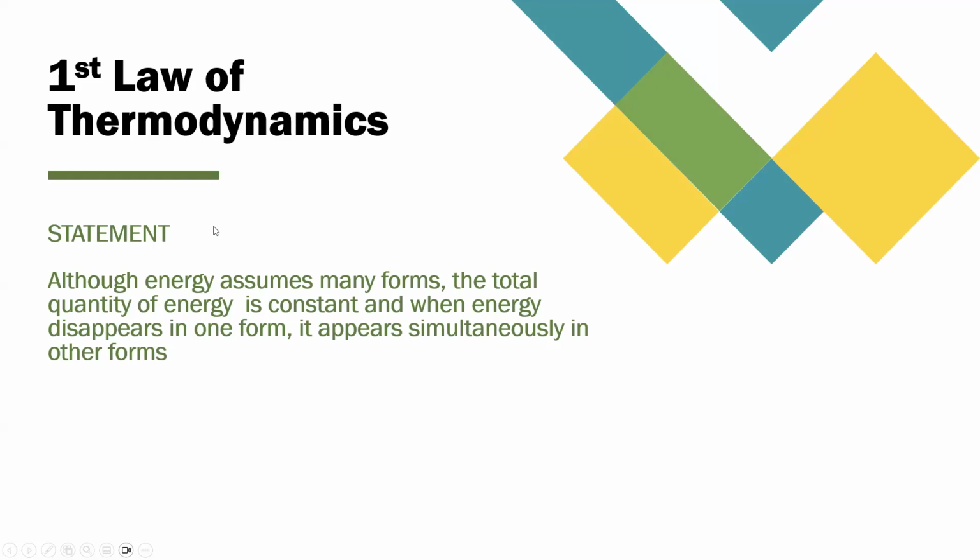There are many statements of the first law of thermodynamics, but this one out of them all is one of my favorites. Although energy assumes many forms, the total quantity of energy is constant.